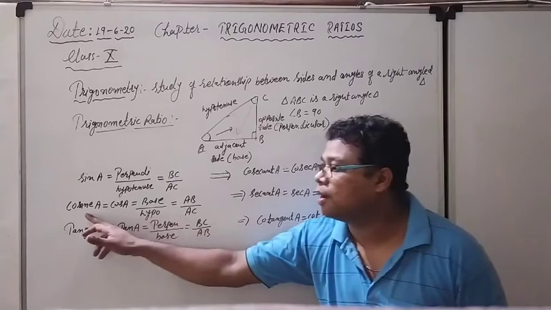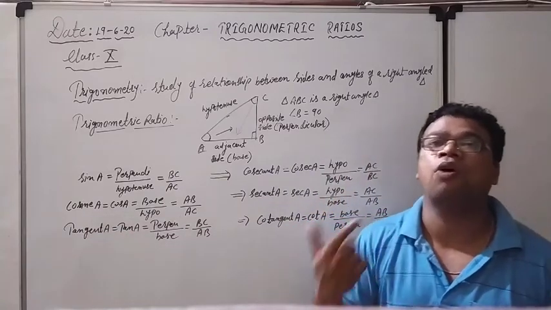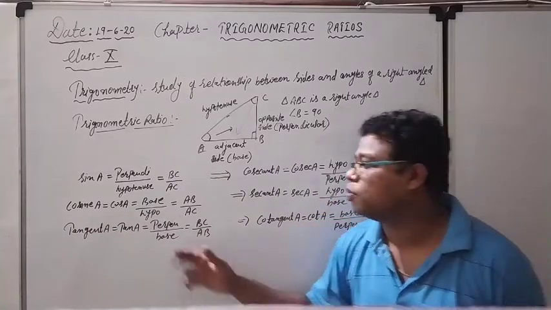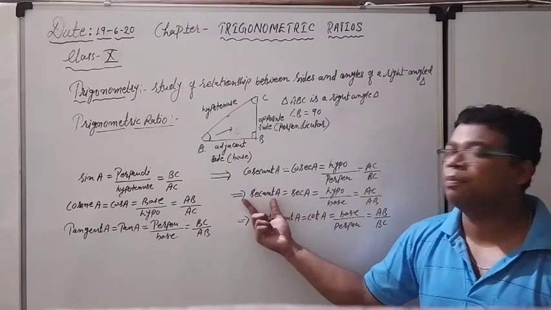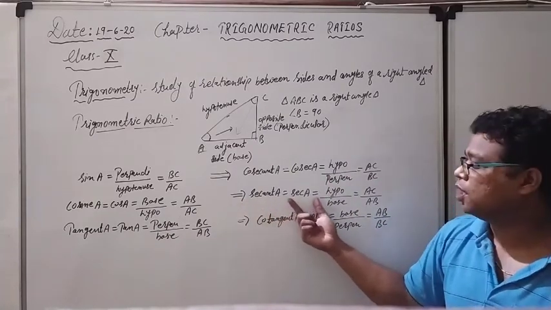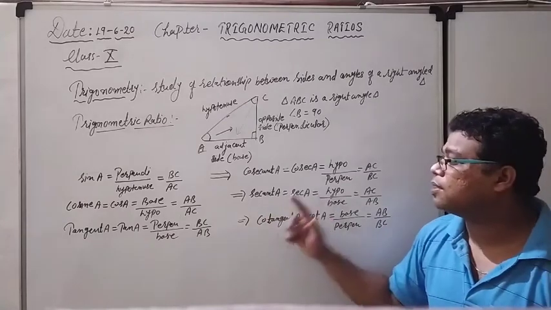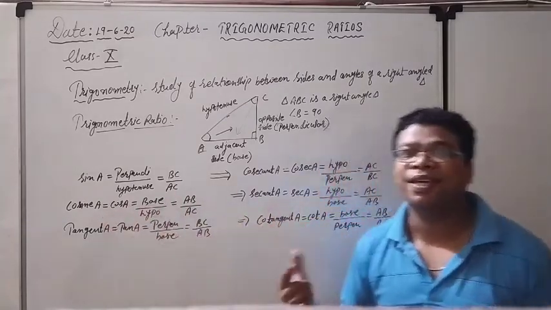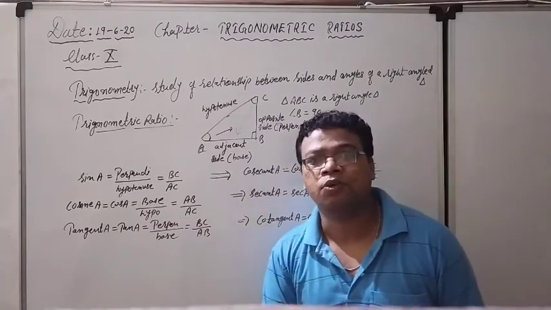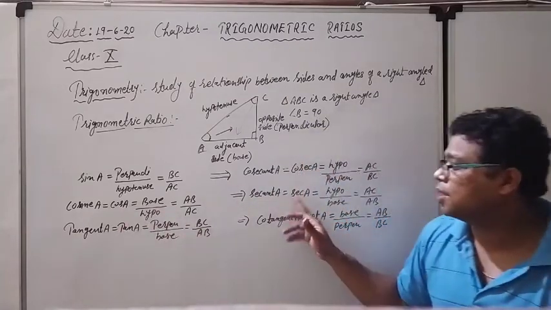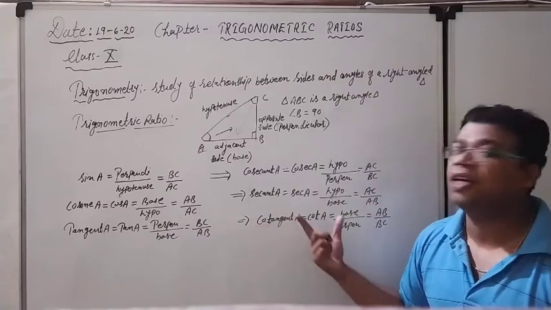After that, what is the opposite of cosine, meaning cos? The opposite of cos is secant A, and since secant is a bigger word, for simplicity we take it as sec. So sec is opposite to cos. What is the opposite of sine? Cosec. What is the opposite of cos? Sec. Third is the cotangent.